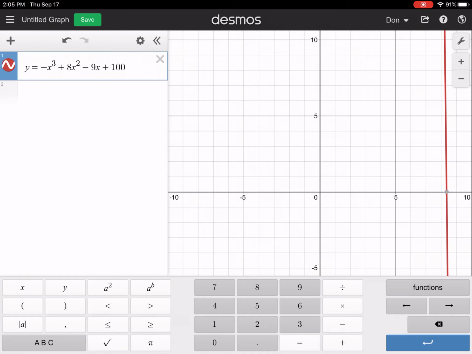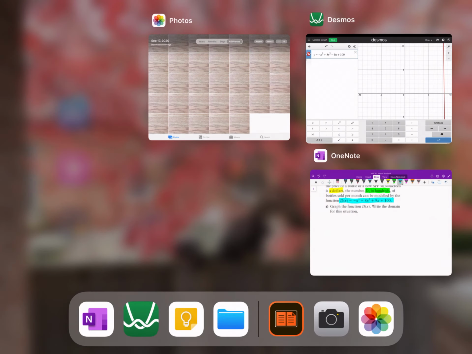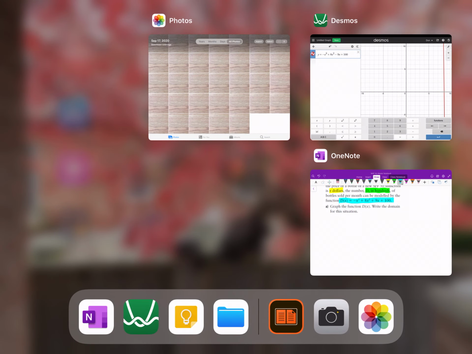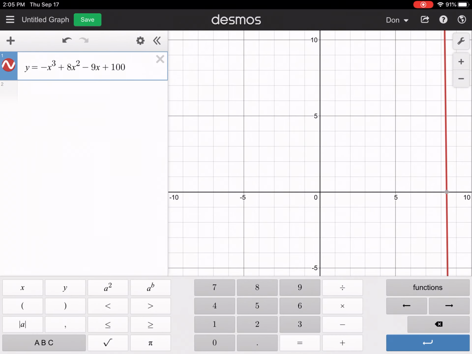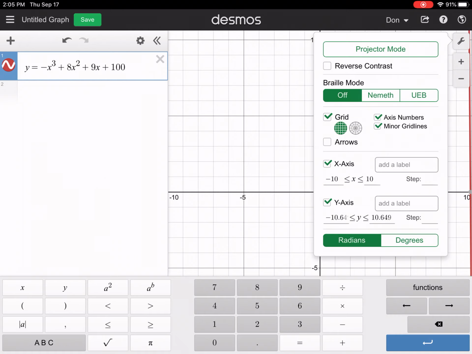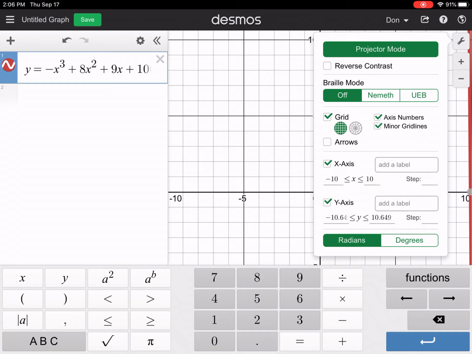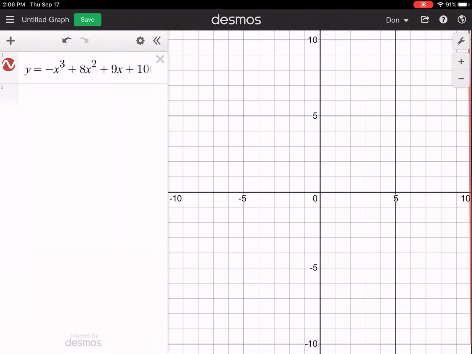Let me just double check those signs though. The signs went minus, plus, plus, plus. They're all pluses except for the first one, so let me just change this to a plus as well. And let me make this projector mode. And okay, so I've graphed the function.